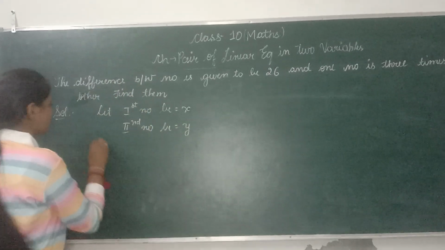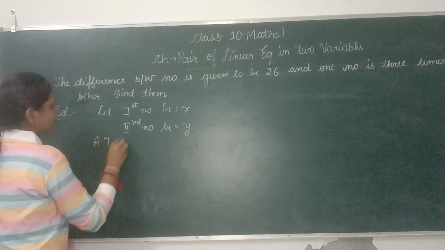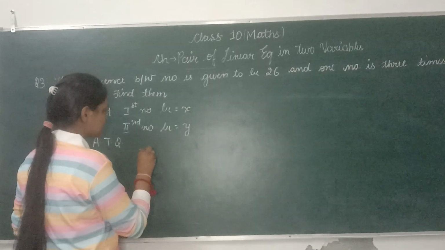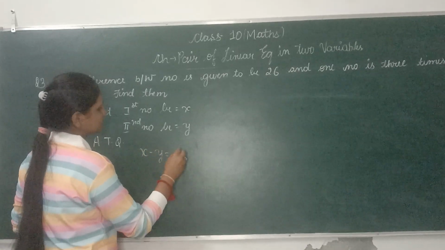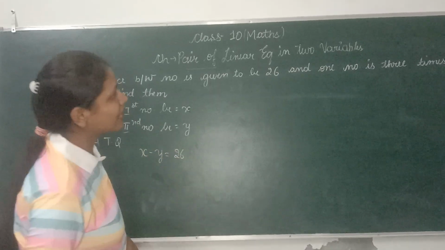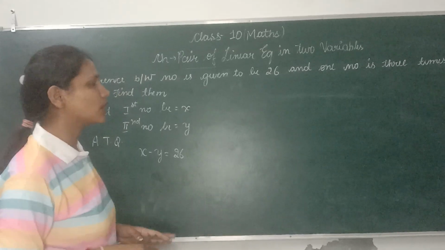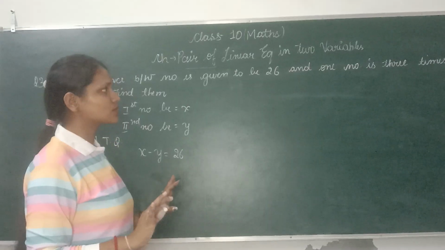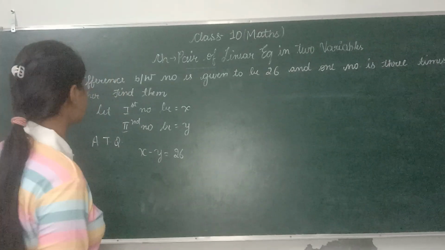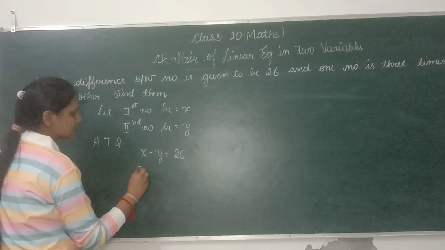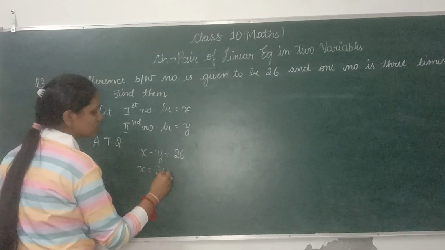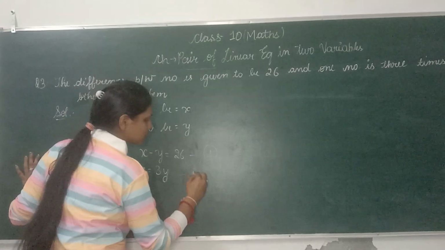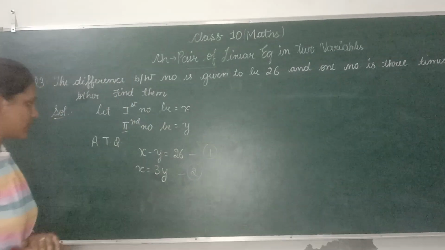So according to the question, the difference between the two numbers is x minus y is given to be 26, and one number is 3 times the other. You are not told whether the first number or the second number is thrice the other, just that one number is 3 times the other. So let us suppose x is equals to 3 times y. So these two equations are given to you and you have to calculate the values of x and y.